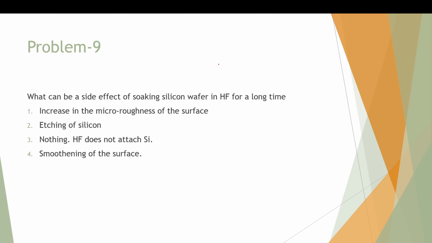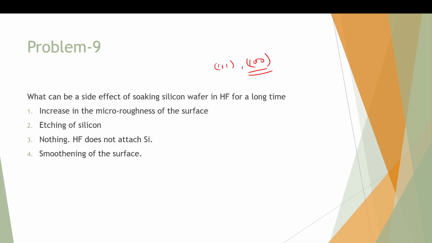So, whether the orientation is 111 or it is 100, that will decide the etch rate of HF. It's very slow, but it's still there, and it's maximum for the case of 100, or rather minimum for the case of 111.